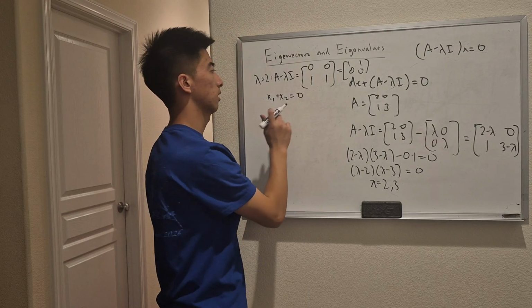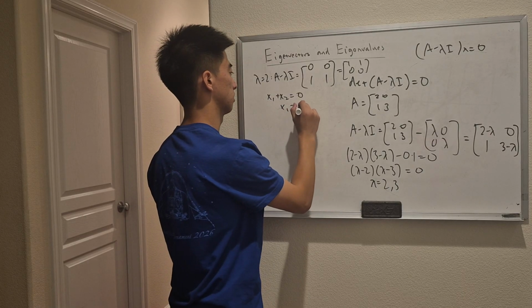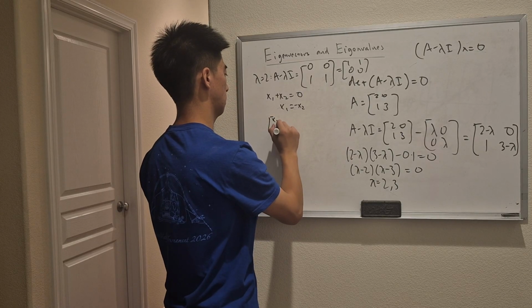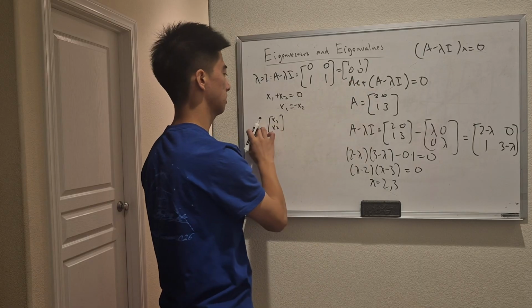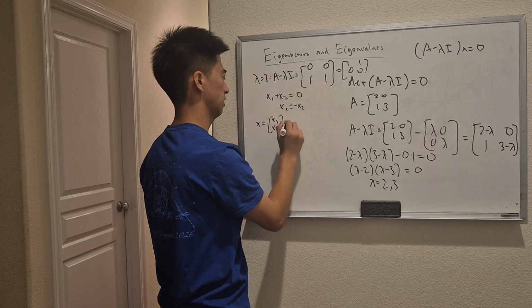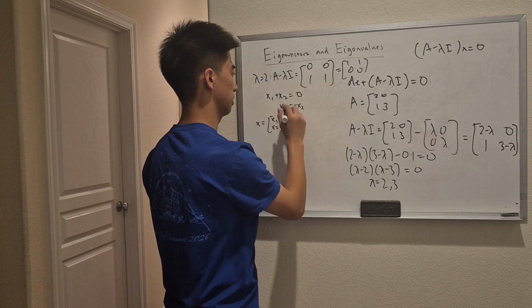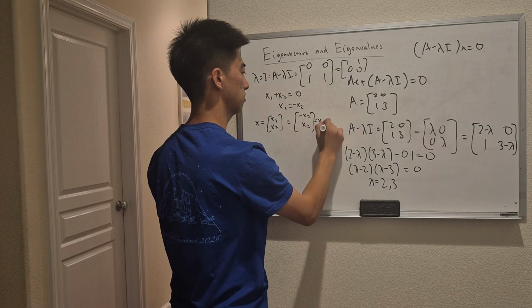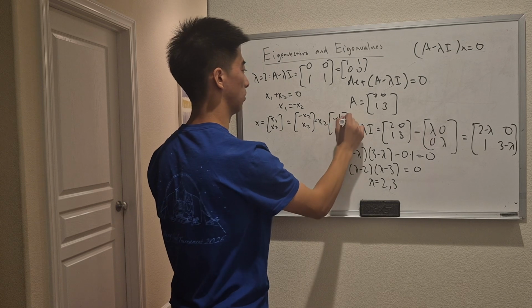And so what this tells you is that x1 equals negative x2. And so our solution for x, the eigenvector x, is x1, x2, which is, plug that in, negative x2, x2, factor out the x2 for negative 1, 1.